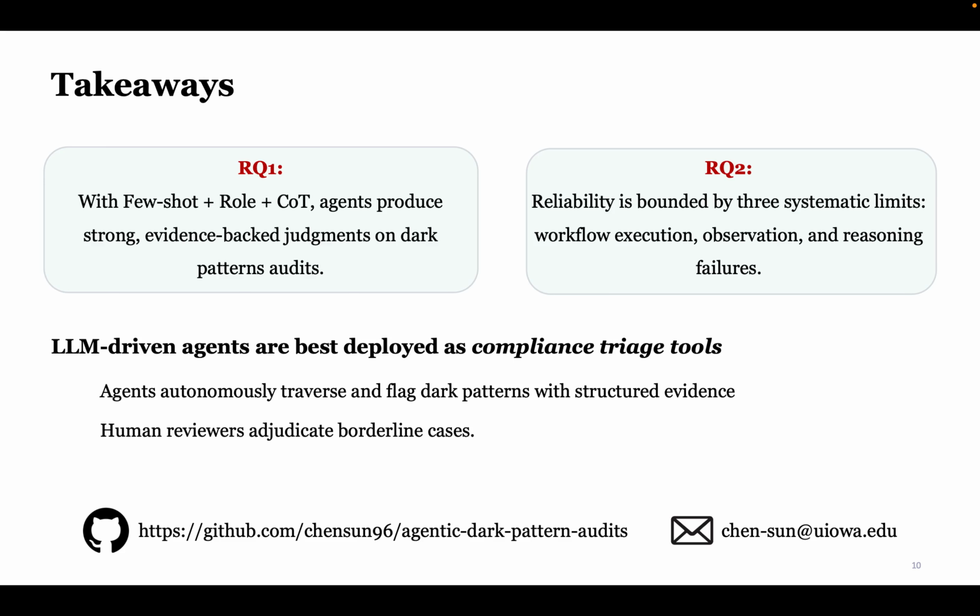Overall, our results show that LLM agents are promising, but they are better used as a scalable compliance triage tool. They can autonomously traverse privacy workflows and flag potential dark patterns with structured evidence. Human reviewers can then focus their efforts on borderline cases.